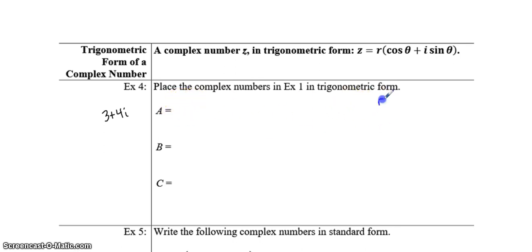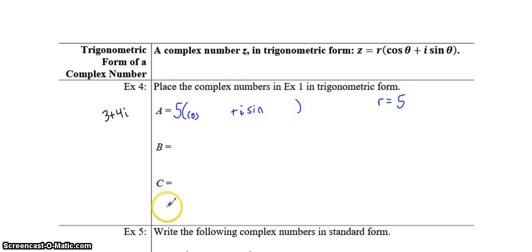R was 5. Okay, that's the absolute value. So this would be 5 times cosine of some angle plus i times the sine of that same angle.